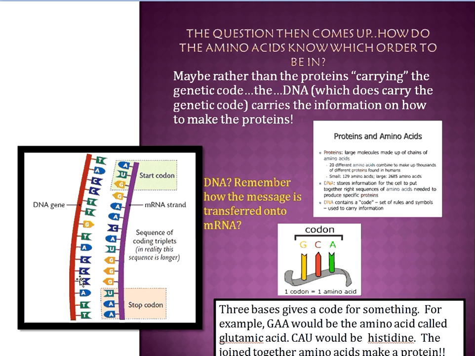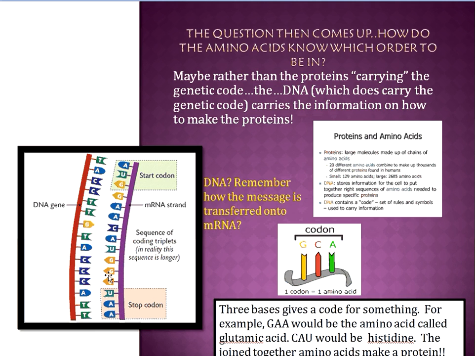Remember, this new strand that we're making, when we bring these bases in and match them up with the DNA, is called the messenger. That little M stands for messenger RNA. And so the genetic information is kind of transferred from that one strand of DNA onto the messenger RNA.